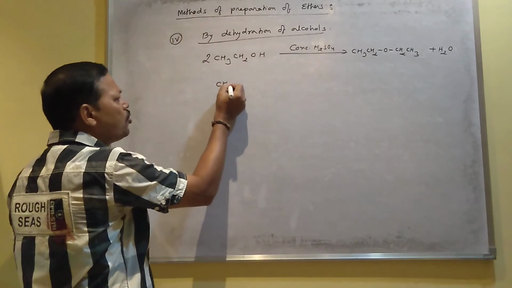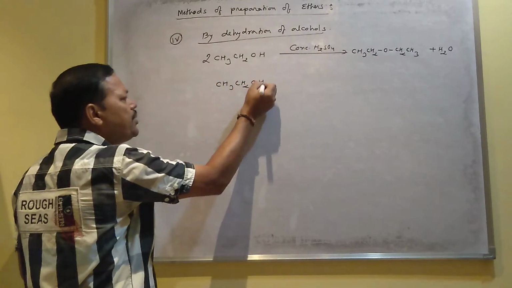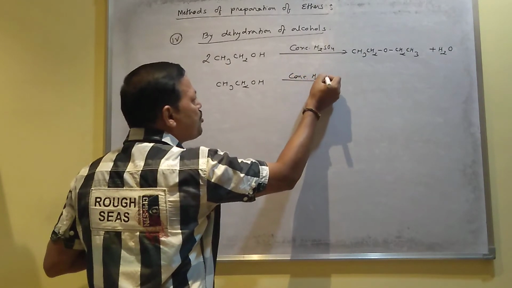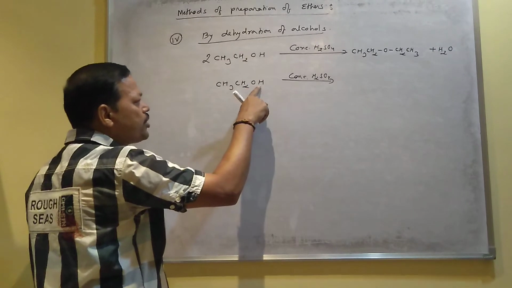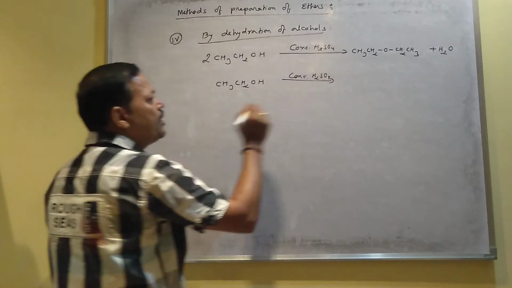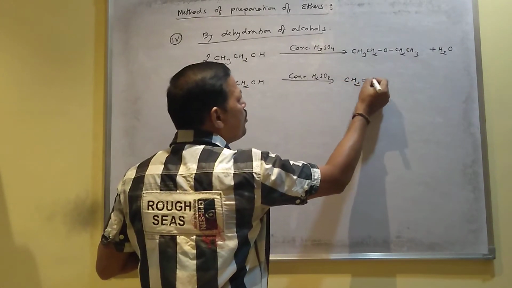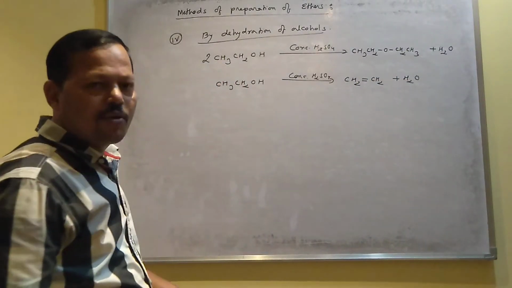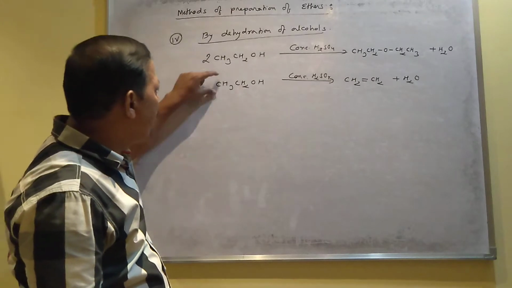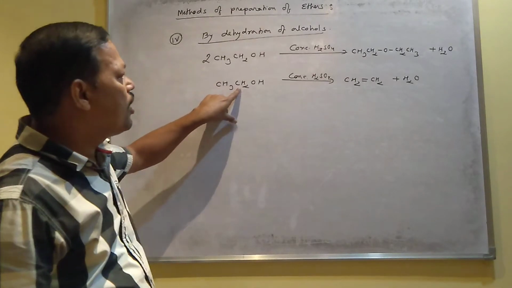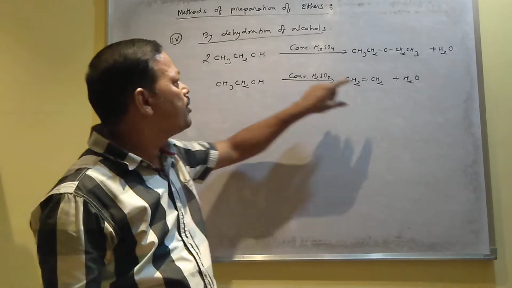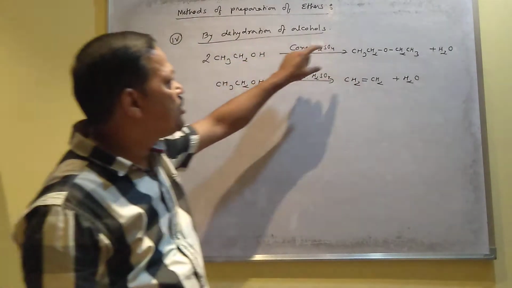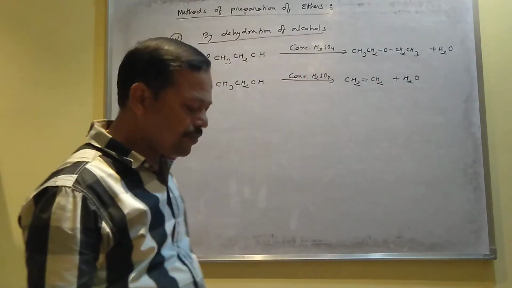When you take limited alcohol and apply concentrated H2SO4, then from this carbon OH will be released, from this carbon hydrogen will be released, and between the carbons you will get a double bond, which is called alkene. You have already got this in the alcohol reaction. So when you take a limited amount of alcohol, after dehydration you will get alkene, but if you take excess alcohol, then it will give ether.